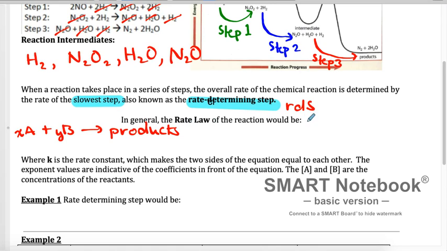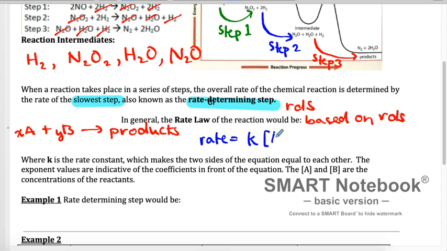The rate law is going to be based on the rate determining step, so your slowest step. So let's just say that this is the slowest step that we've identified. We're going to make the rate equal a K constant, which is known as the rate constant, multiplied by the concentration of your reactants.